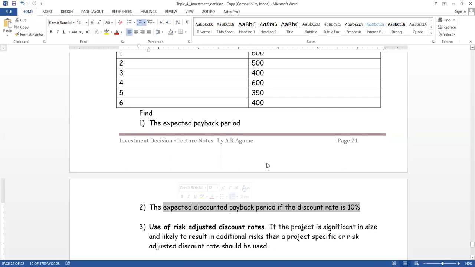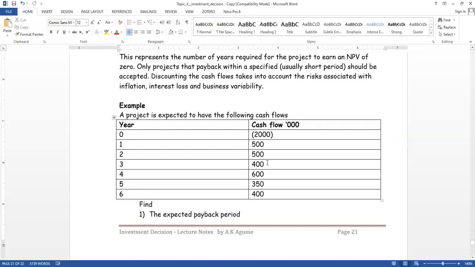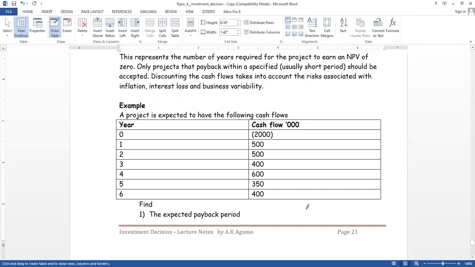So here, if I'm to find the expected payback, this is our normal payback. In other words, you just need to add, because here you see the cash flow stream is not equal. So what you need to do is add and look for the cumulative cash flows. Remember, my initial investment is 2 million.